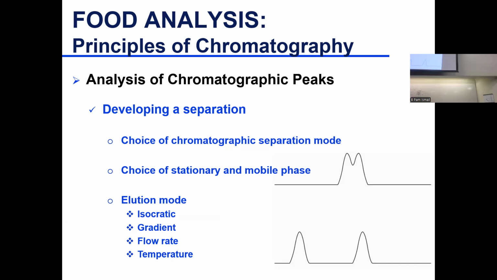You enhance the movement. Then you will potentially get this, if you're lucky. It's not always that easy, but sometimes you will go from here to here. What happened? The width was reduced. So you got sharper peaks and they left the column faster. So you were able to separate them with higher temperature.